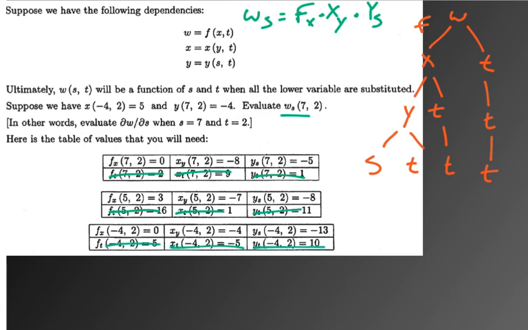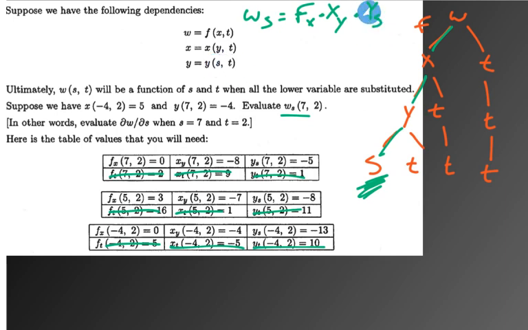So even though if you were doing partials with respect to t, you'd need these other entries in the table, for this one you don't. You're basically going to multiply three things. You're just going to go down this chain to get to s. So I'm actually going to start at the end here. We know these are s and t in here, and we know y is an s and t thing.